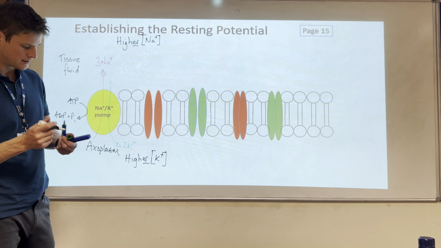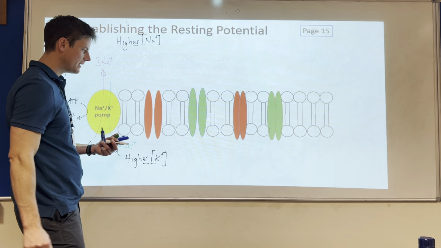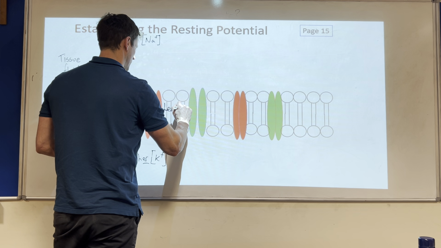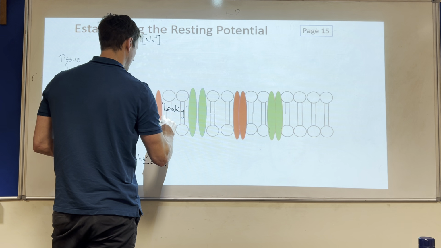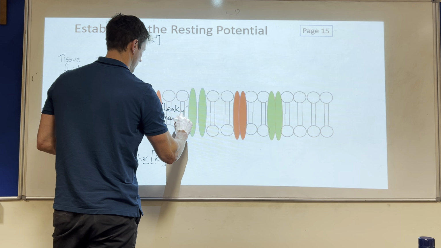Now next are these 2 proteins. Now these are referred to as leaky channel proteins, or leaky channels. So on the right here, this red one, this is a leaky sodium ion channel.